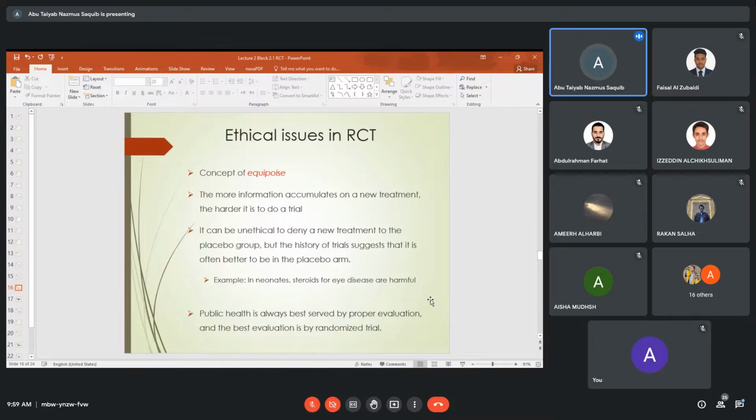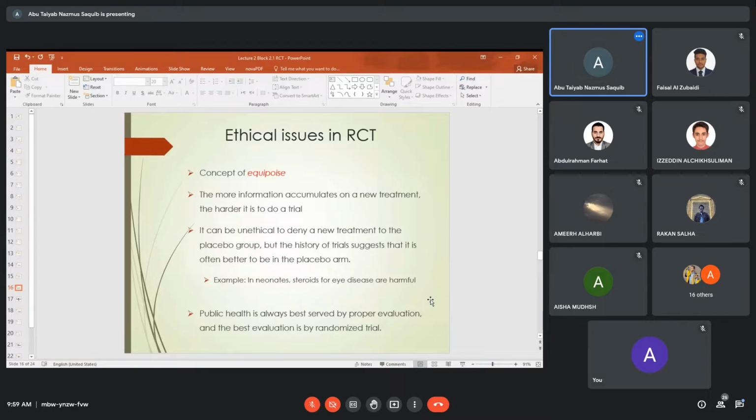You also cannot easily do an intervention RCT with students, because if I start an RCT here at Suleiman Al Rajhi and ask you to participate, you will participate thinking that if I do not participate, Dr. Saqib might do something with my grade, or he will not like me, or he will give me a hard time.